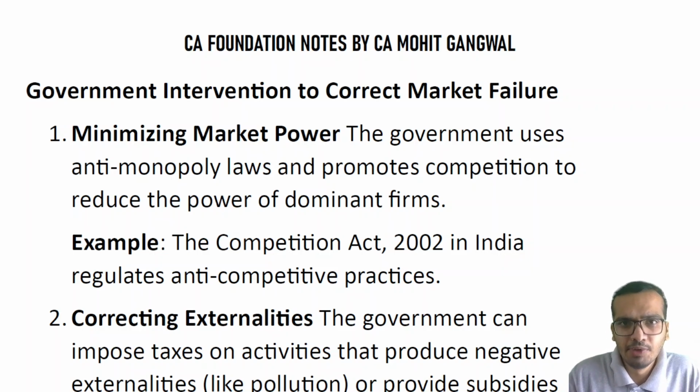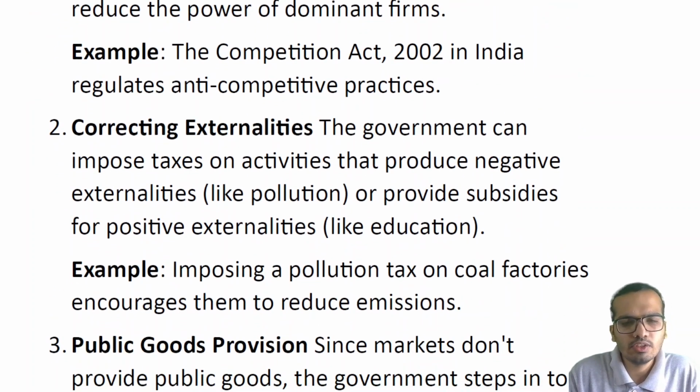So first, minimizing the market power. The government uses anti-monopoly laws and promotes competition to reduce the power of dominant firms. An example could be the Competition Act 2002 in India, which regulates anti-competitive practices. Second, correcting externalities.